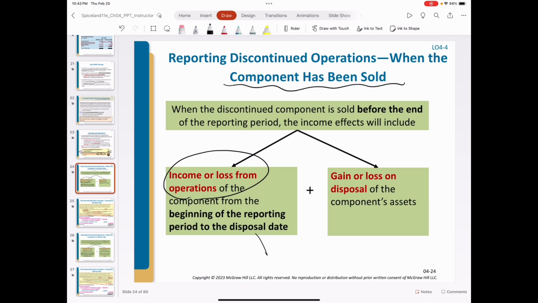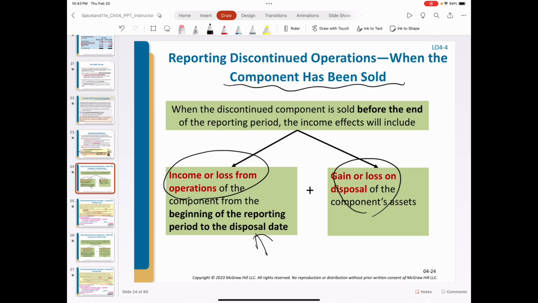Okay, so this section reports the financial performance of this division. This division is an asset to be sold or disposed of. Since the company has transferred the title of these assets to the buyer, the gains and losses will be recognized. It depends on the difference between book value and the fair value.